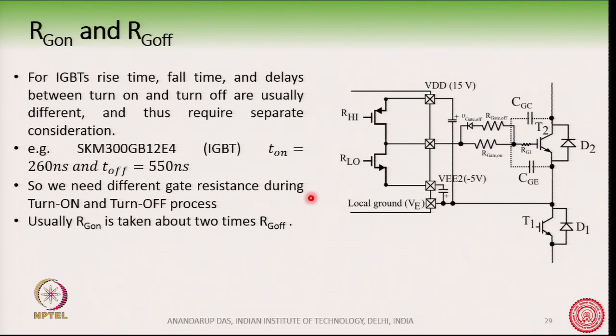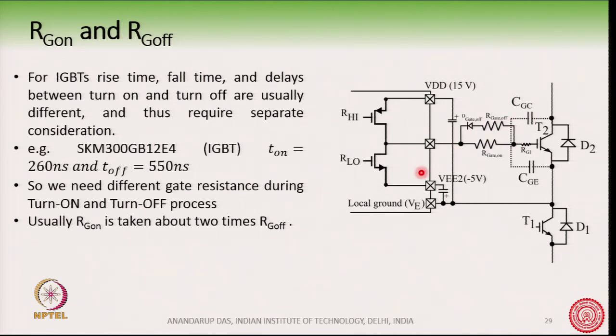Here you can see one circuit which has two different resistances. During turn on, this R gate on resistance comes into picture. This is how the current is flowing, because this diode here is reverse biased, whereas during turn off a parallel combination of these two resistances comes into picture.